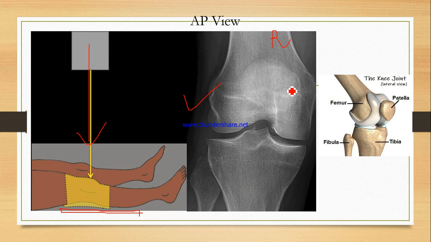Here in the AP view, very clearly this is your femur, the patella, the tibia, and the fibula. This is very simple. I am not going into details about all the other attachments, because I am only explaining what is needed to understand that particular case study.